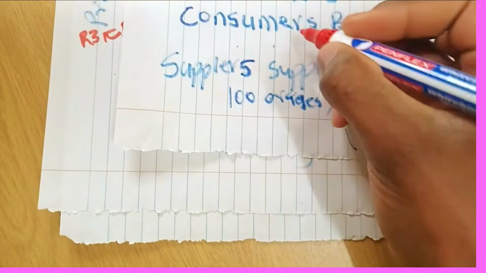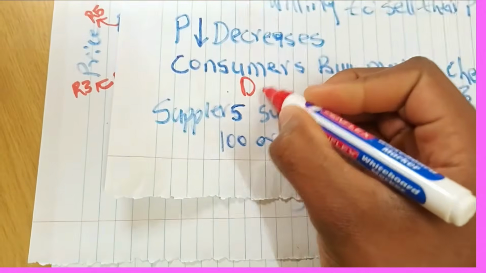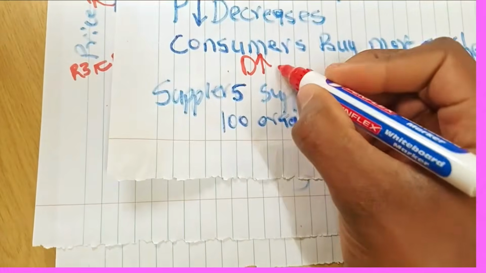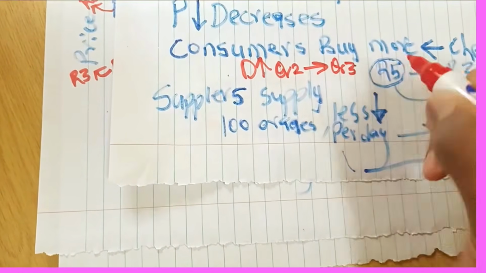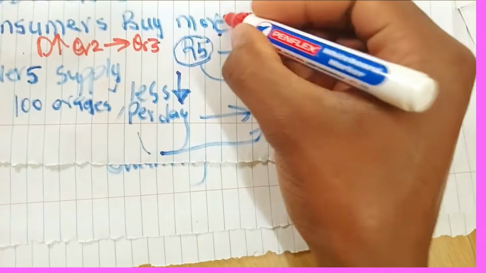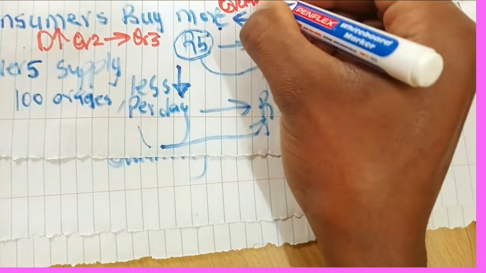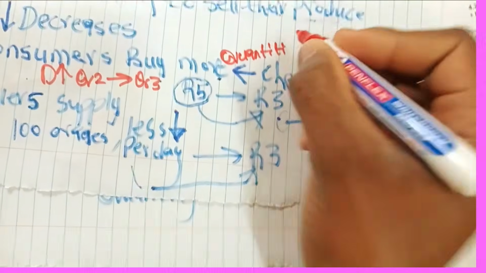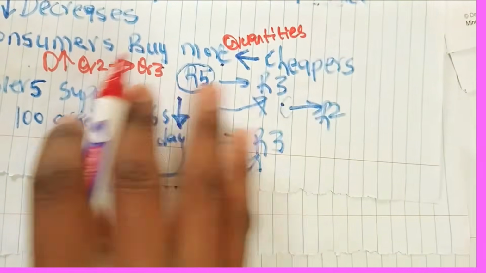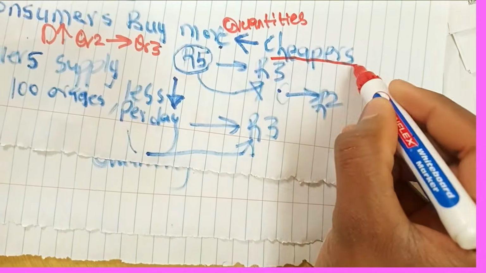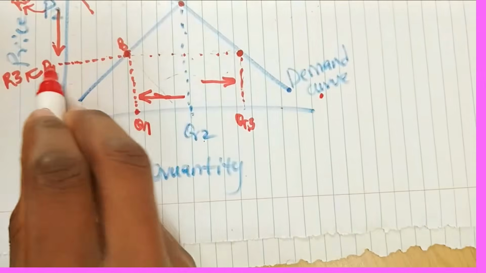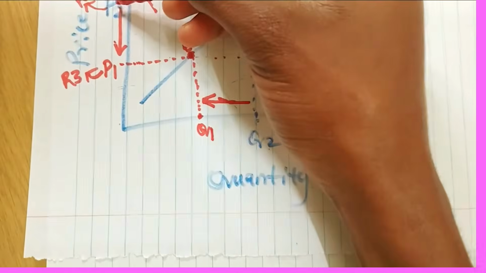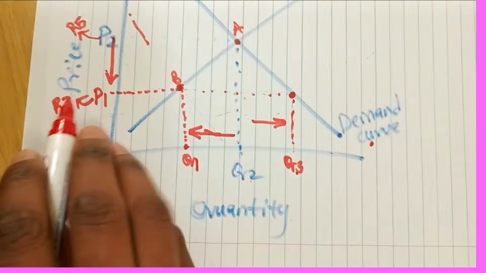The demand increases from Q2 to Q3. The consumers buy more quantities because it is now cheaper to buy more, because the price has decreased.